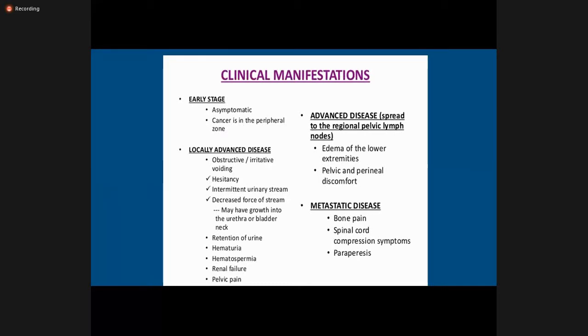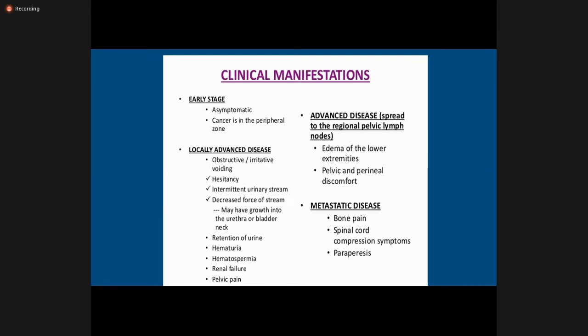If somebody has disease at the locally advanced stage, then probably he will have obstructive symptoms: hesitancy, intermittency, decreased force of urine. He might have retention of urine, hematuria, hematospermia.